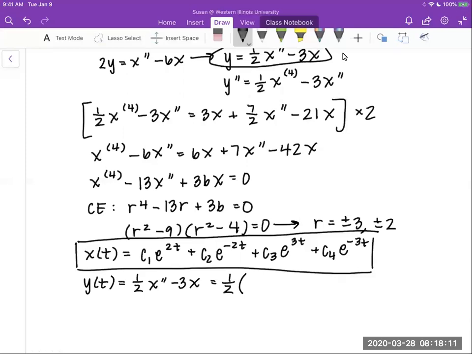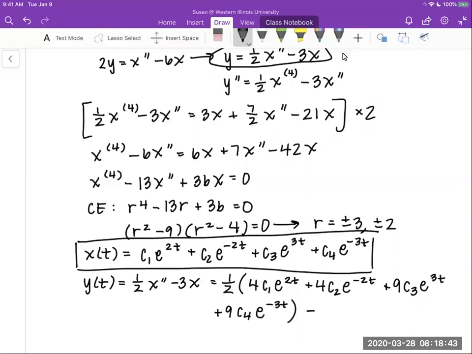If I take the derivative twice, it's going to pop out 2 2's, so I get a 4 C1 e to the 2t. Similarly, it'll pop out 2 negative 2's, which will make it plus 4 C2 e to the negative 2t. Then I'll get a plus 9 C3 e to the 3t plus 9 C4 e to the negative 3t. Okay, that comprises my second derivative.